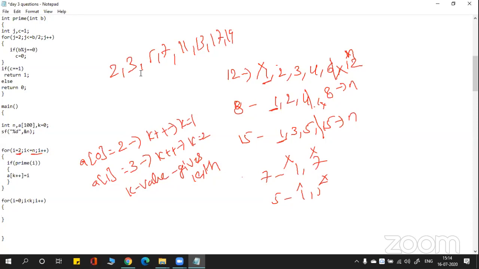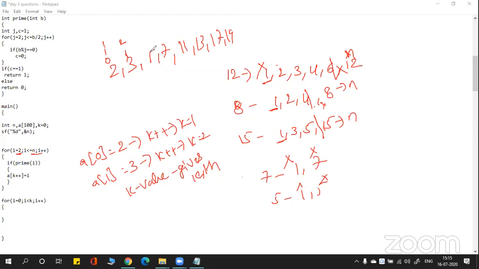If it is storing these elements, can you tell me what the k value will be? After storing this value 0, k becomes 1. After this, k is made 2, that is k plus plus.